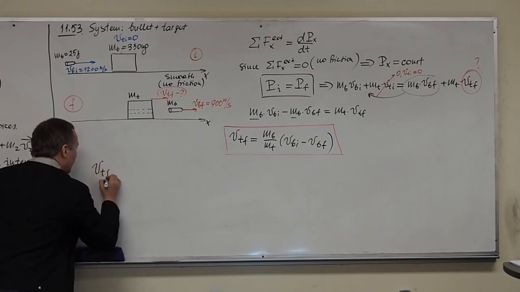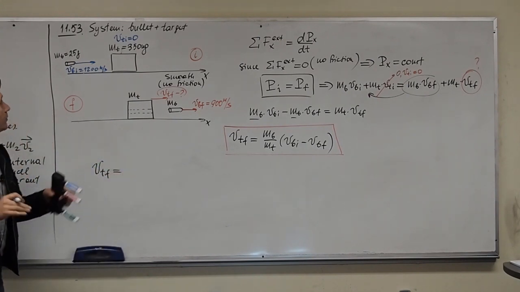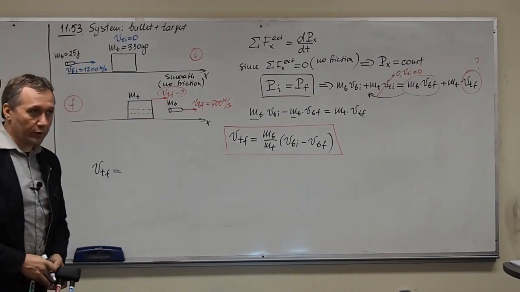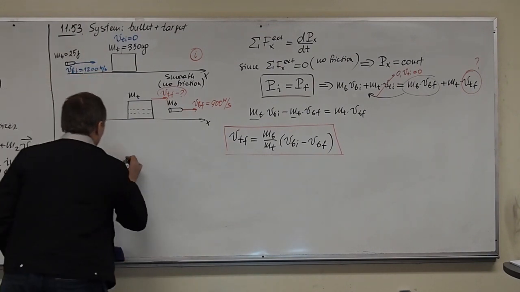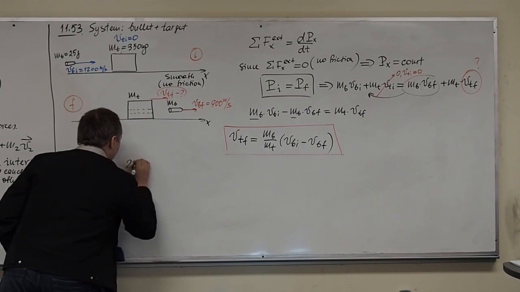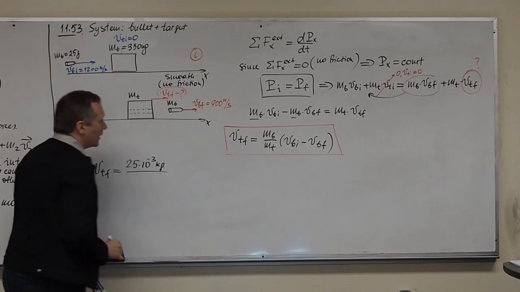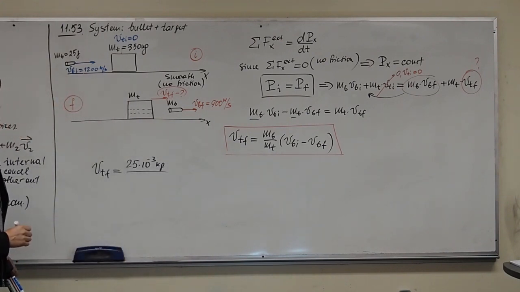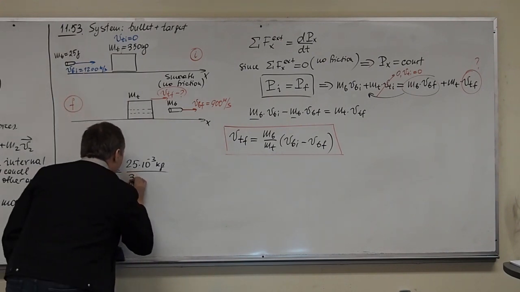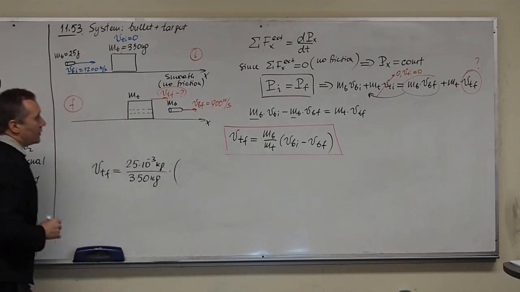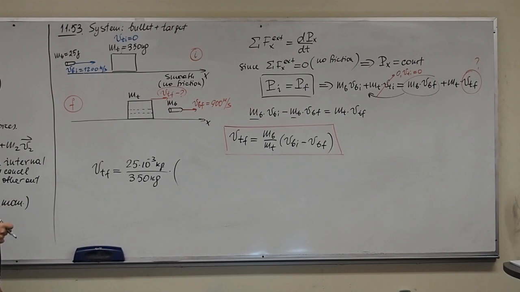So v target final equals mass of the bullet, 25 grams, but of course we have to convert it into kilograms. So it will be 25 times 10 to the power of minus 3 kilograms, divided by the mass of the target, 350 kilograms. And the difference between the velocities of the bullet, initial and final.